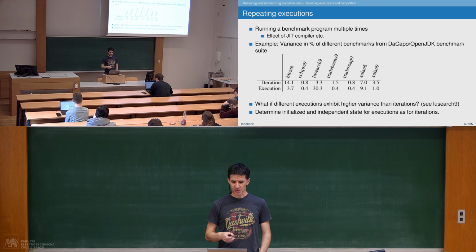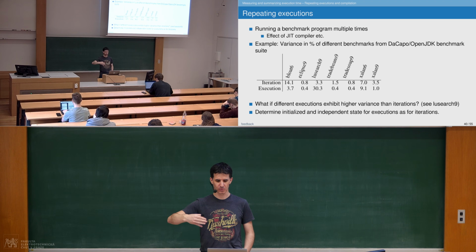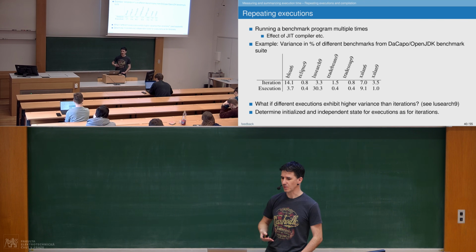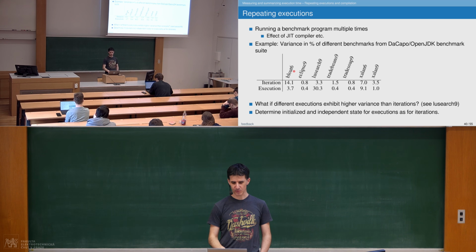So if this is the case, in your benchmark, you have to repeat not only inside the benchmark, but you have to re-execute the whole program to account for this. Fortunately, if you take this set of benchmarks as representative, you see that this is a kind of exception.